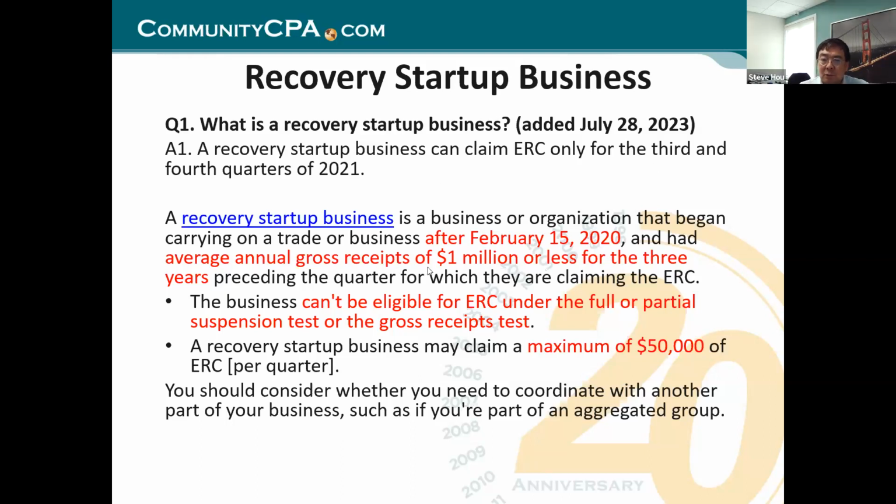For a recovery startup business, the annualized gross receipts must be $1 million or less, and the maximum ERC amount is $50,000 per quarter. So even if you had, say, $500,000 payroll in that quarter, the maximum you can claim would be $50,000. You're claiming the ERC as a recovery startup business for either the third quarter or fourth quarter of 2021.